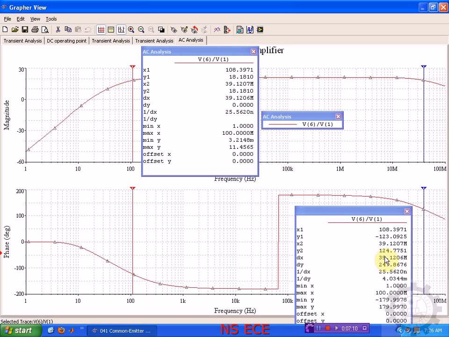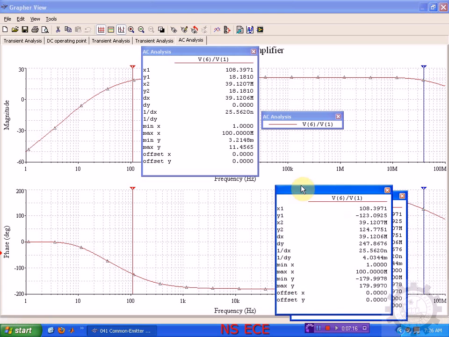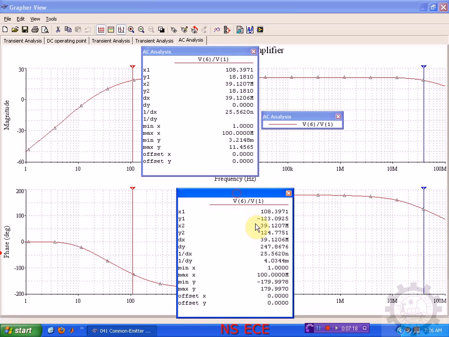This itself gives the phase angle of 124.7751. You just observe that. For the lower cutoff frequency, the phase is minus 123.0925, whereas for the upper cutoff frequency, the phase angle is 124.7751. This ends our AC analysis.